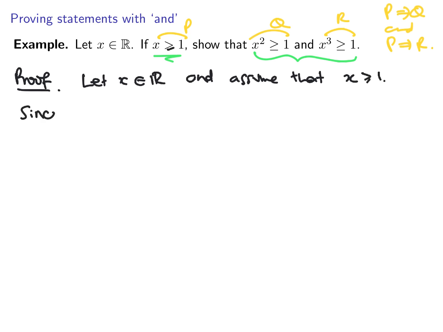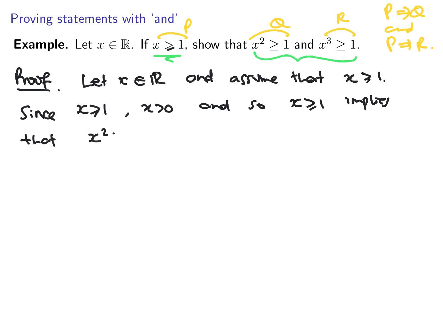Okay, since x is greater or equal to 1, x is positive, and so x greater or equal to 1 implies that x squared is greater or equal to x, right? Because we can multiply this inequality with a positive number, namely x, right? And doesn't change the inequality sign. So you've got x times x, which is x squared, and x times 1, which is x, right?